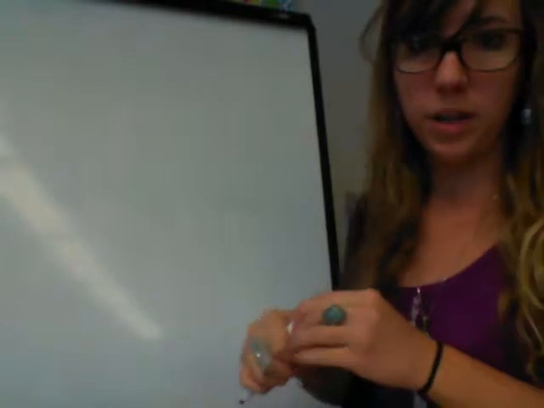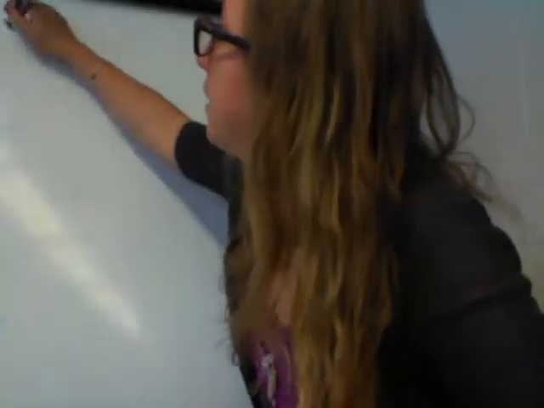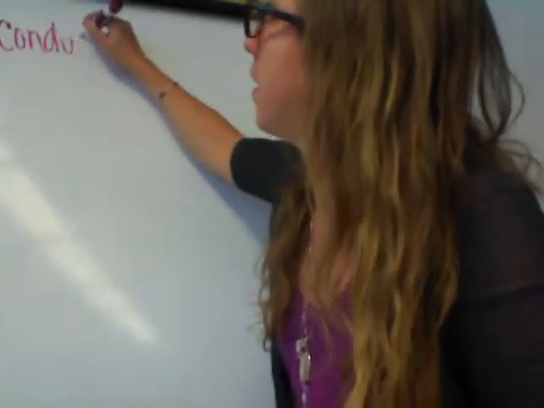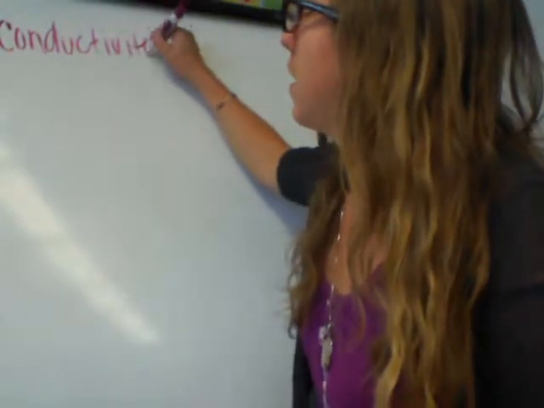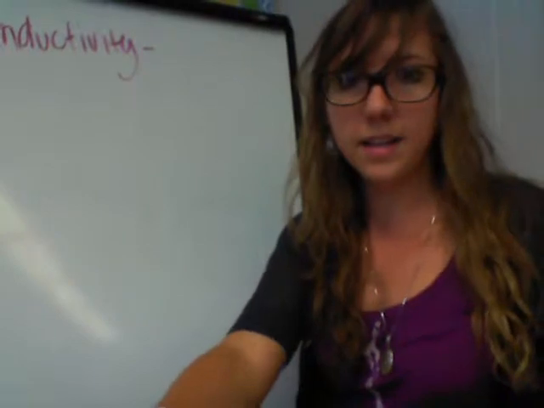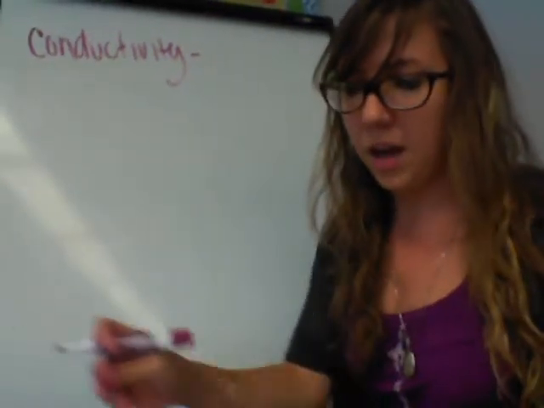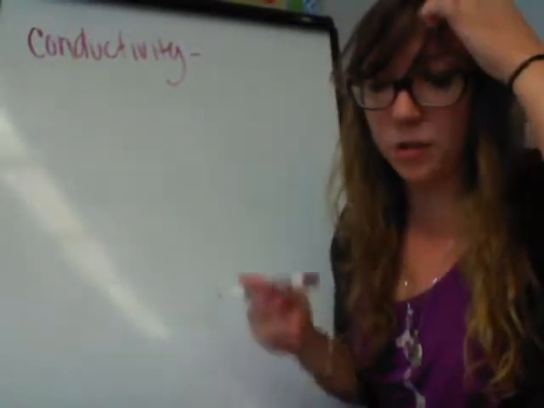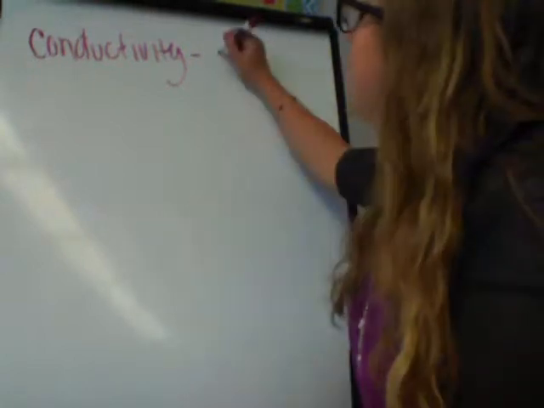Awesome. So we have 3 properties that we're going to talk about today. Conductivity is our first one. Conductivity is essentially the ability of a substance to transmit the flow of electricity.